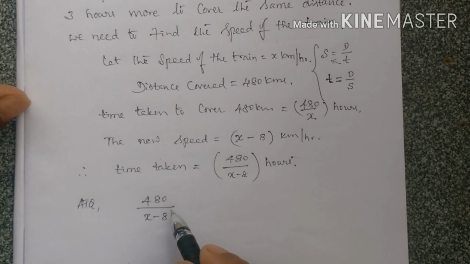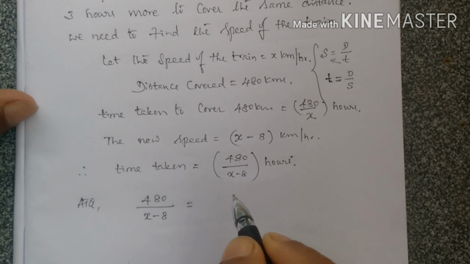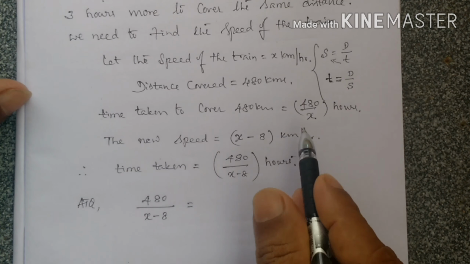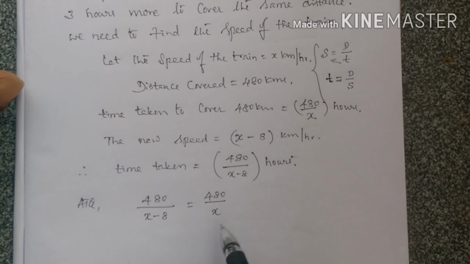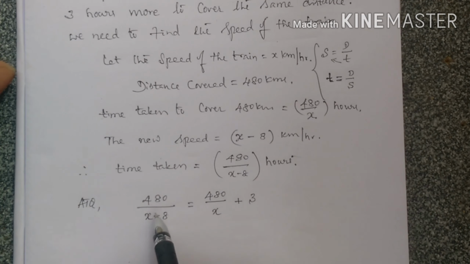So this time is equal to 480 by x, the original time, plus, because of the decrease in speed, 3 hours more. Just understand this: this is time, this is also time, this is also time.